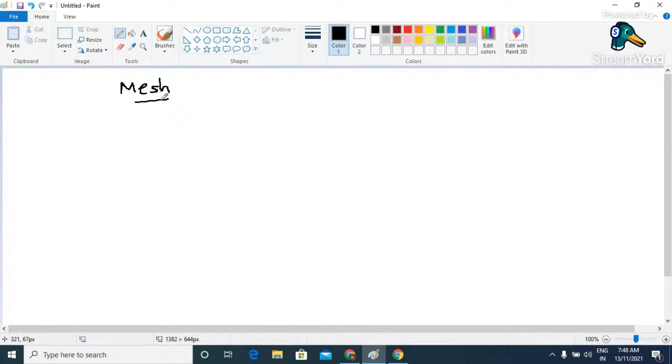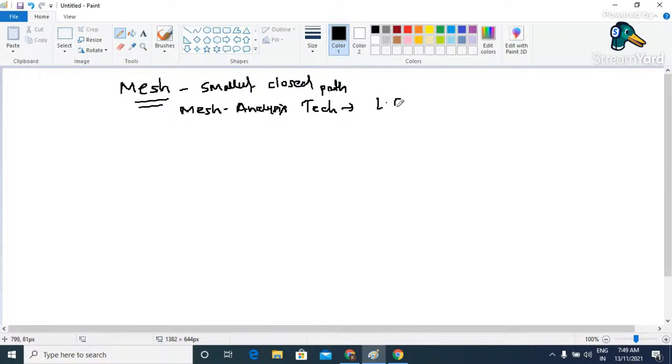Those smallest closed paths are nothing but meshes. And while solving mesh, or sometimes this is also called the mesh analysis technique, we need to apply the principle of law of conservation of energy, or simply the concept of Kirchhoff's voltage law.